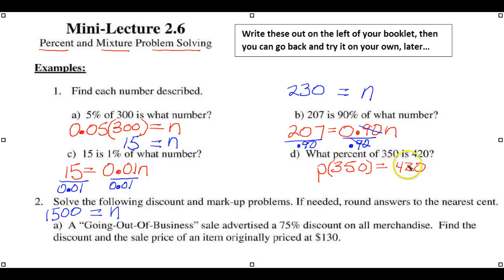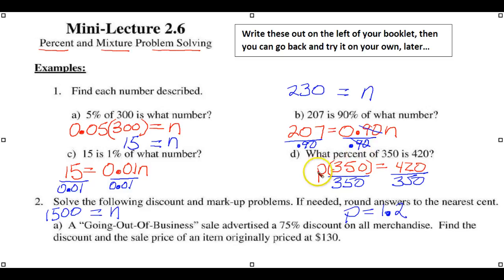And for letter D, again, we want to isolate the P, so we'll divide both sides by 350. And we get then P equals 1.2. Now here they're asking for percent.